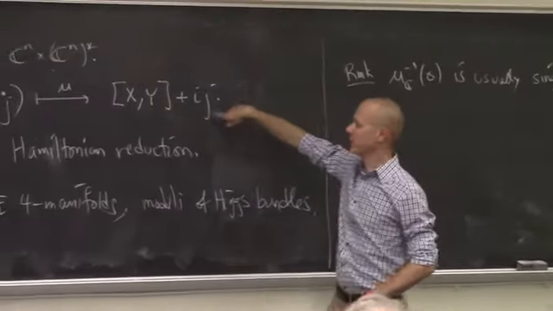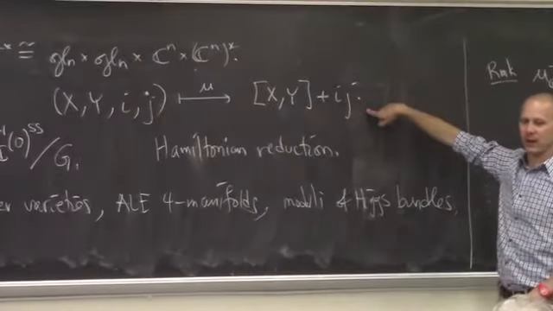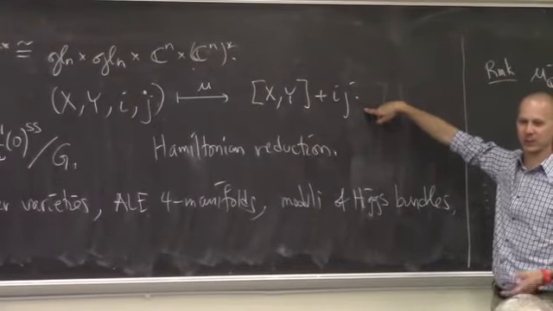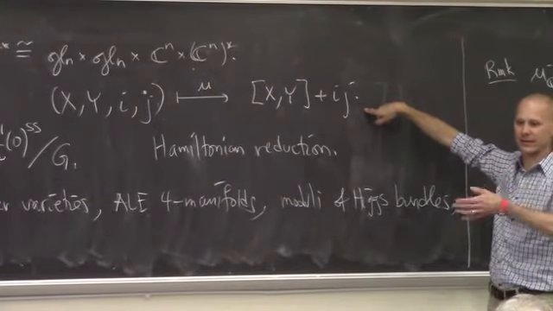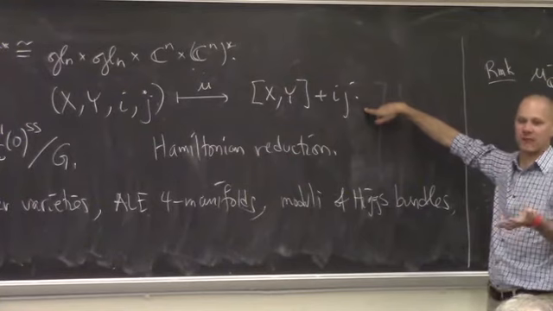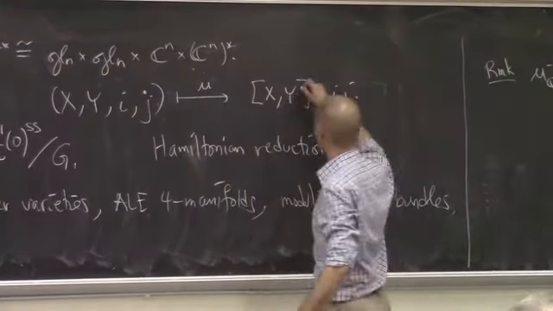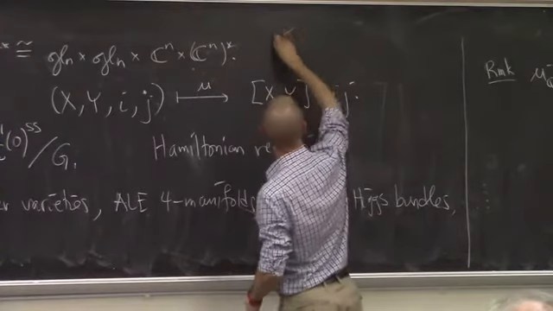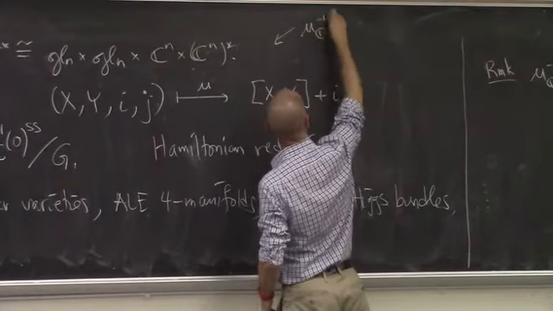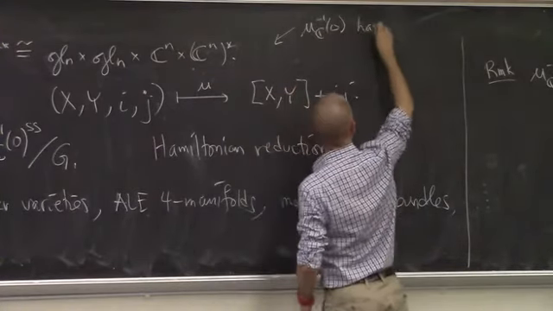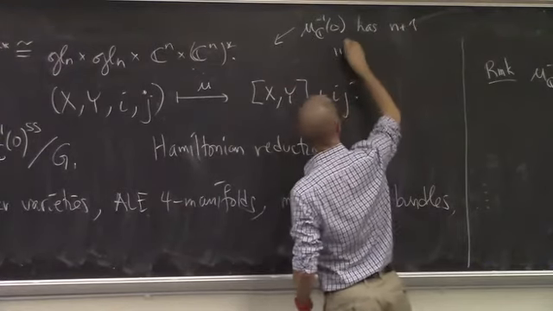You can see I've written down some collection of quadrics, so it's an intersection of quadrics, which you would expect to have possibly many singularities. In fact, in this example, mu_C inverse of 0 has n plus 1 irreducible components.